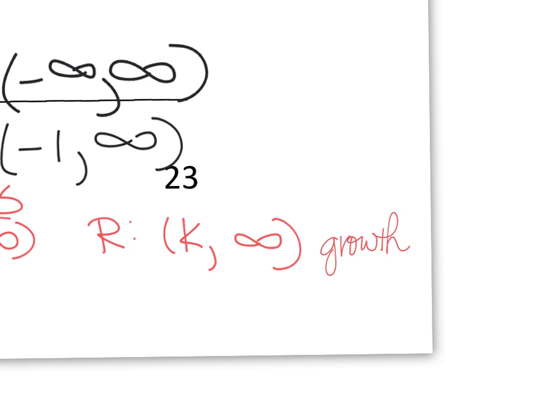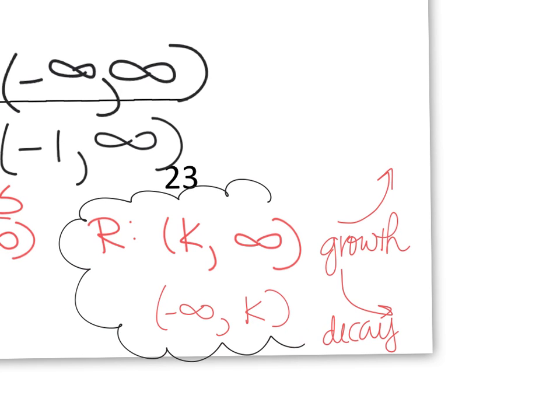However, if your graph is decay, so growth is going up like that, and decay is where it's going down, then you actually go from -infinity to your value K. So I would write this little memo down to remember: growth is going to start with your K value, and when you have decay, it will end with your K value. So let's go ahead and turn the page.